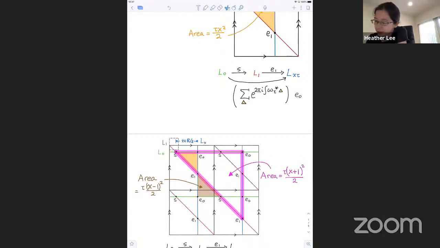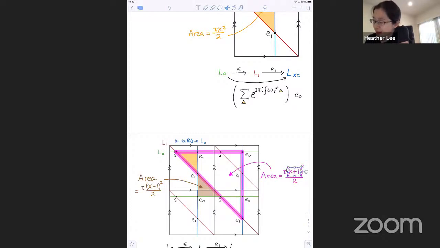This pink triangle is a bigger one that wraps one time around the torus, but still has those 3 Lagrangian boundaries. And this bigger pink triangle has area tau times x plus 1 squared over 2. And then there are bigger and bigger versions of these pink ones that have areas tau times x plus n squared over 2 for any positive n.